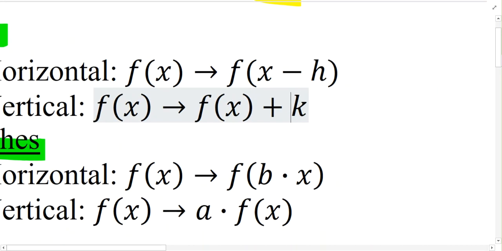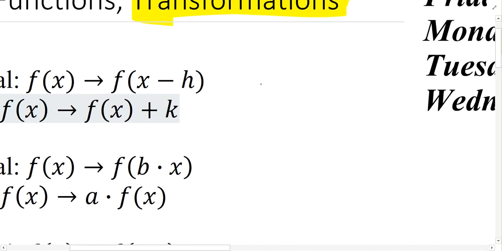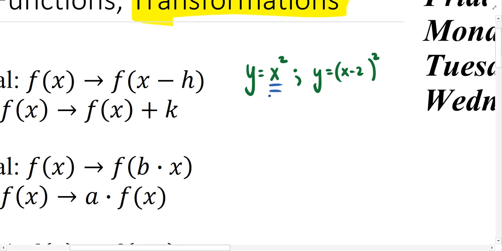Now I'm using a generic function notation here, f of x, but keep in mind our parent functions from last week. If we've got the parent function of a quadratic, y equals x squared, then an example of a horizontal shift might look something like this: y equals (x minus 2) squared. A horizontal shift of this parent function can be accomplished by subtracting 2 on the interior of a grouping symbol.